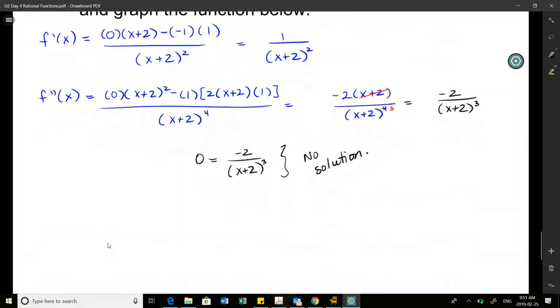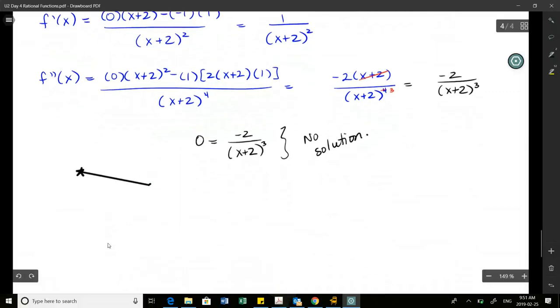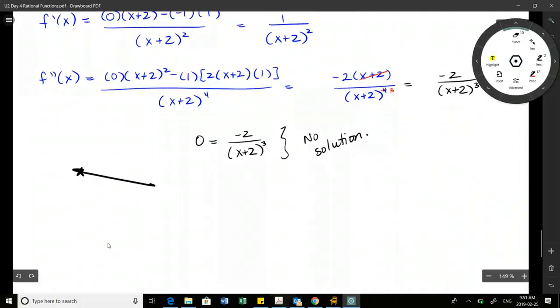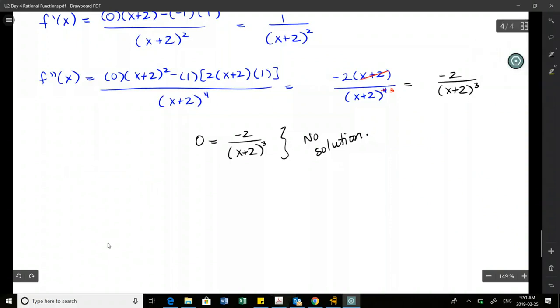Okay, so what we need to do is create a point of, not a point of inflection, but we still want to create our chart that tests, but we're going to use the vertical asymptote as our kind of important point that separates those areas. Okay, so we're going to create a table to test the second derivative.